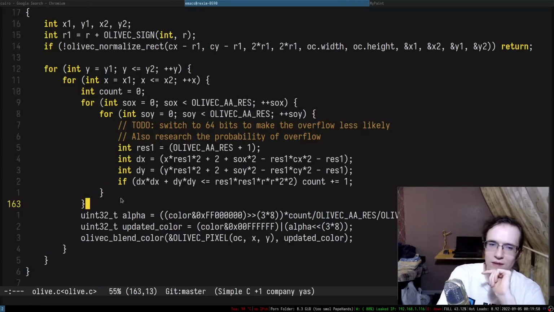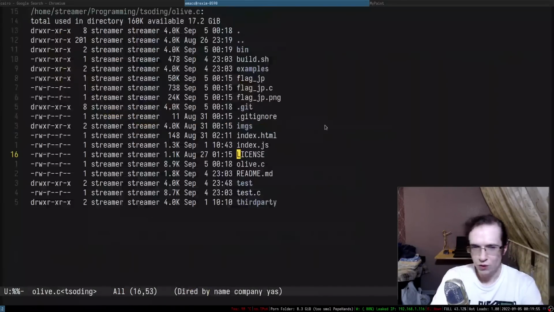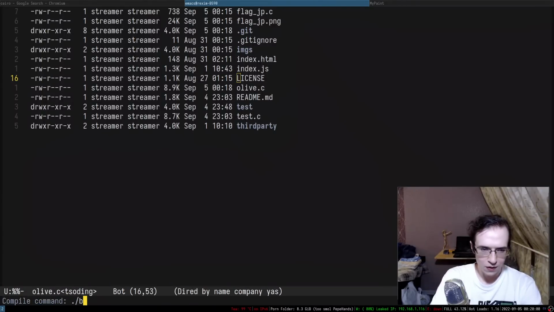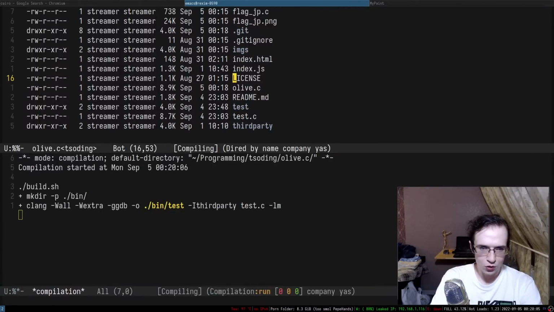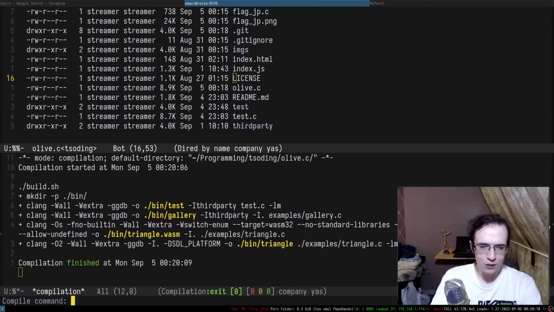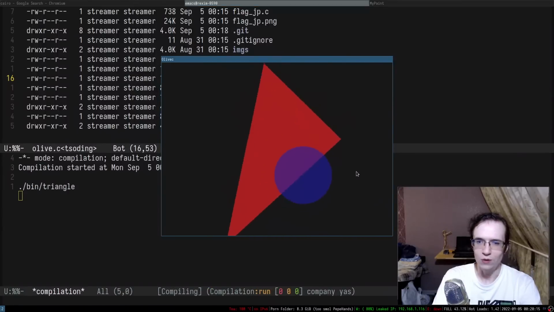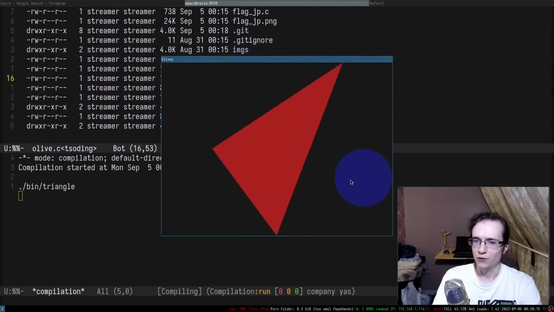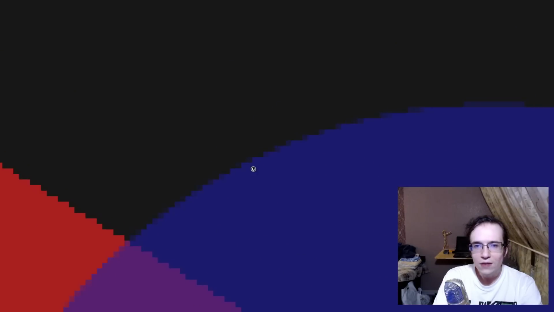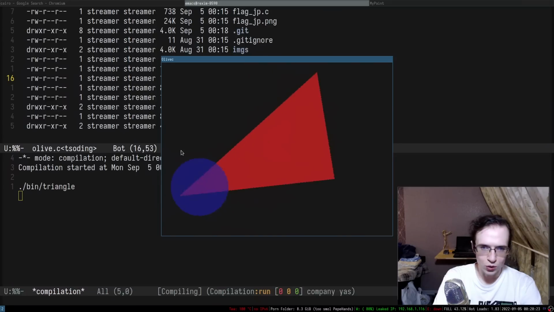The +1 doesn't make a change. Yeah, I see what you mean. But yeah, thank you so much. Anyway, okay, so let me now see if the triangle works, right? I probably want to have some sort of way to do benchmarking to see how it affects the performance and stuff. So here we do have anti-aliasing, and for the triangle we don't have it.